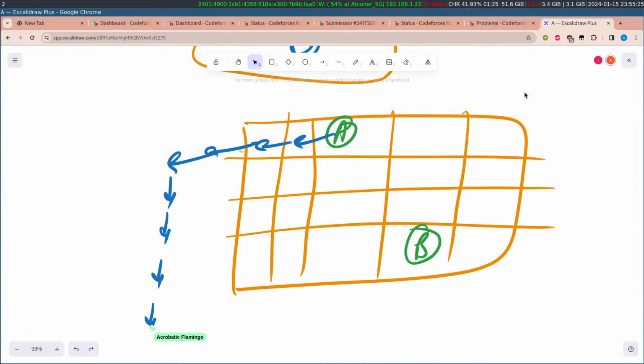So to chase Alice, Bob will have to come to the final coordinate only. This is the case when the x is on the left side of Bob.